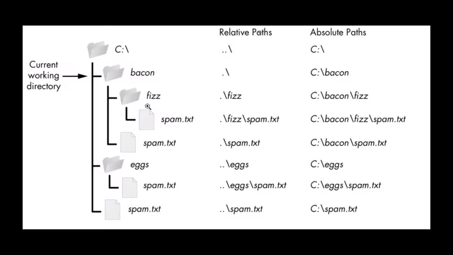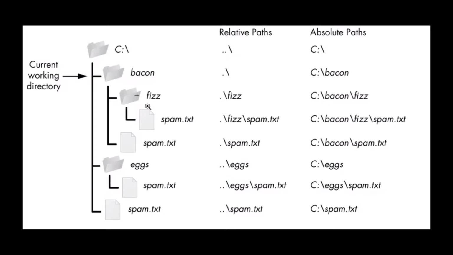So the relative path will be ./. This means I'm referring to this folder, which is, since I am in the bacon folder, ./ means this bacon folder. And the absolute path for it will be C:/bacon. Since absolute paths start with our root folder, right? Good.